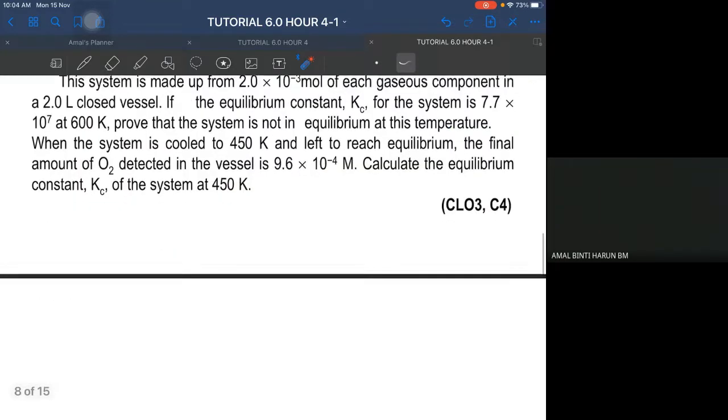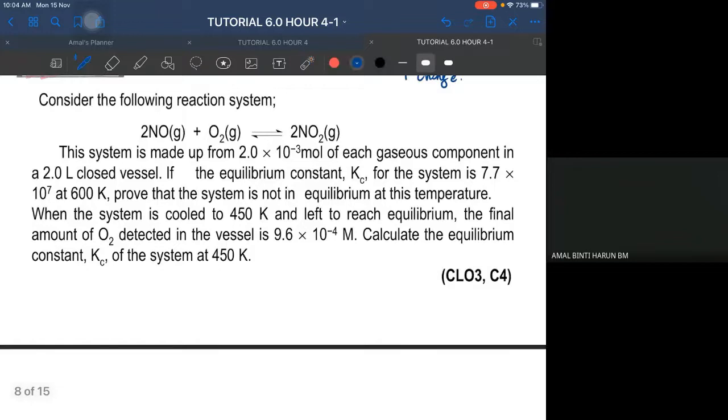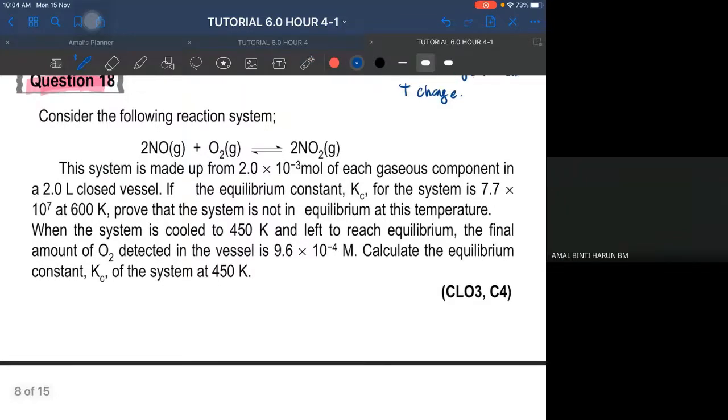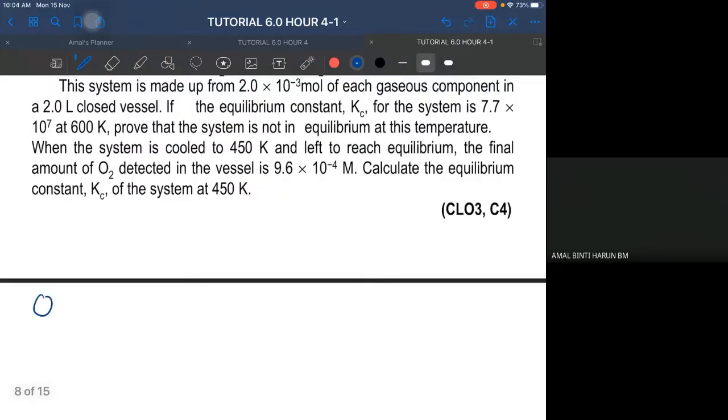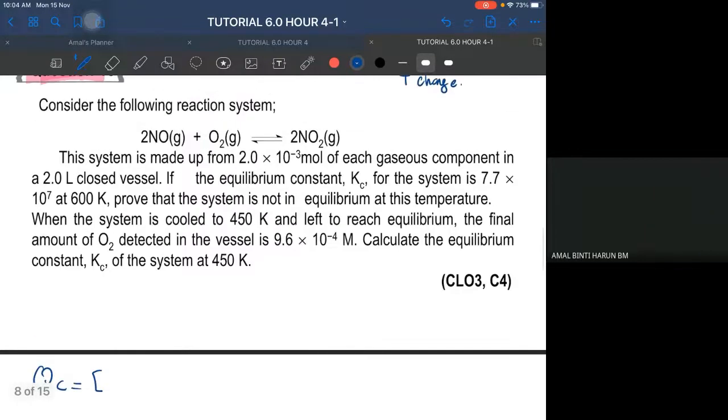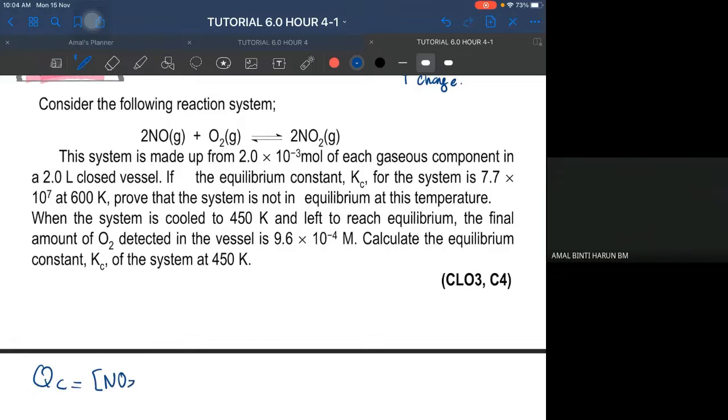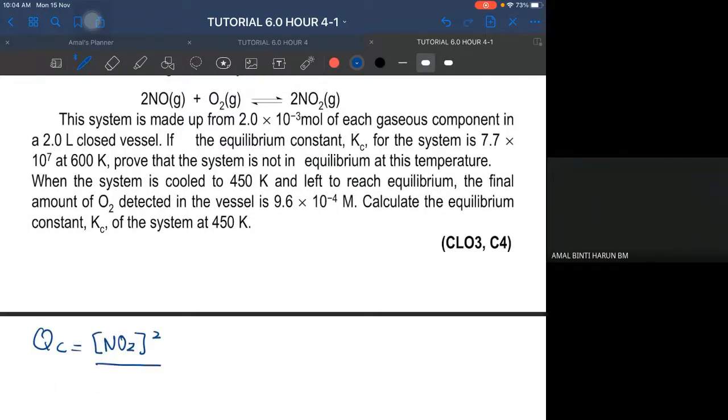So, kita kena kira Q. Qc is the concentration of NO2 squared divided by concentration NO squared concentration oxygen.